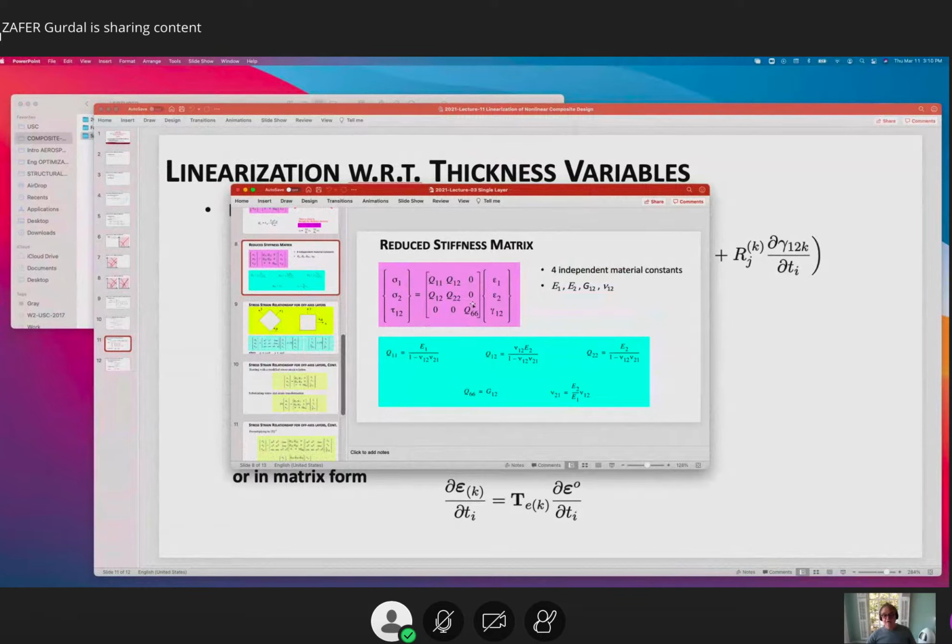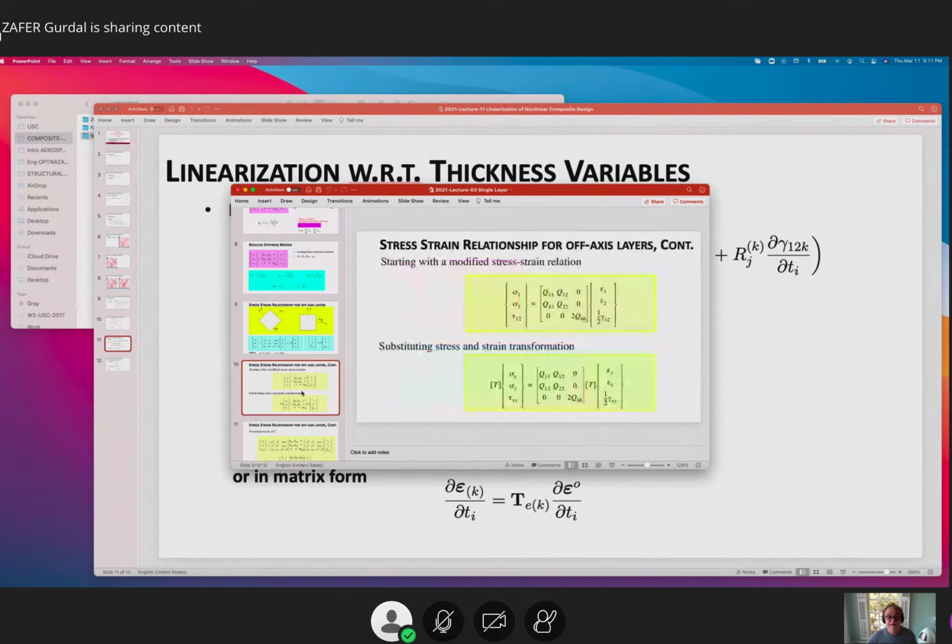Okay, so basically, if I find the principal material direction strains, which are these, then I can find the stresses by multiplying with the Q matrix.